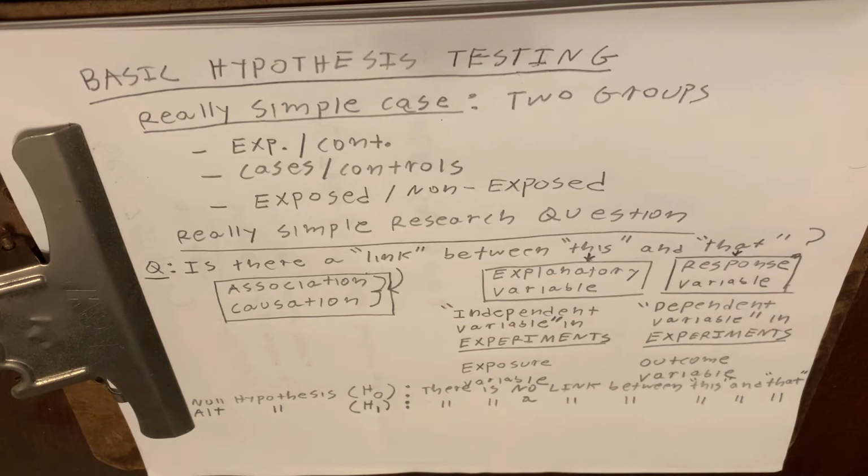I hope now at the college level you can see how crazy it is to define a hypothesis as an educated guess, because let's say one of these hypotheses was an educated guess. Let's say the null hypothesis is that there's no link between vaping and asthma. Well, the alternative hypothesis, which is necessary for a statistical hypothesis test, says there is a link between vaping and asthma.